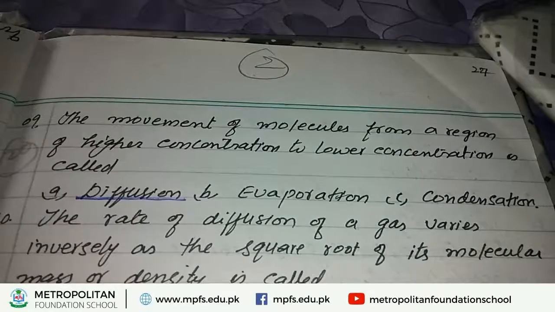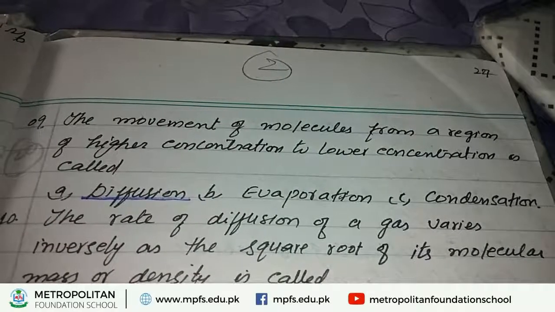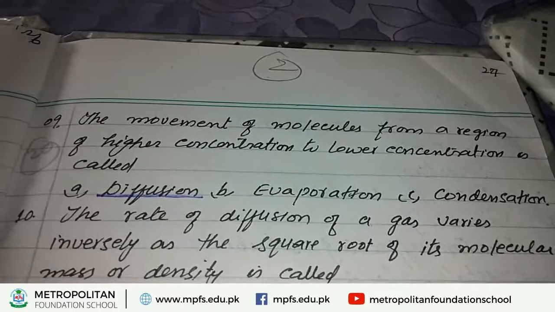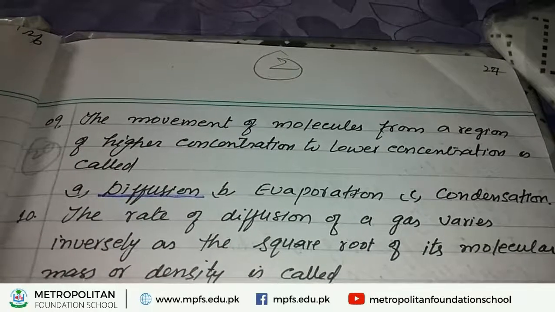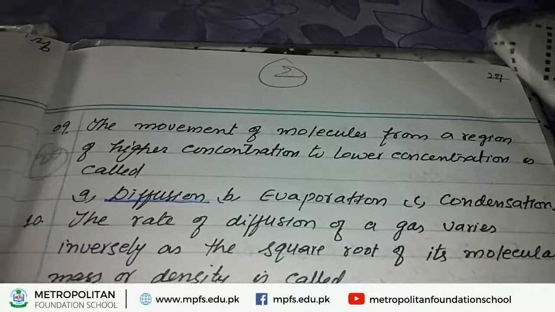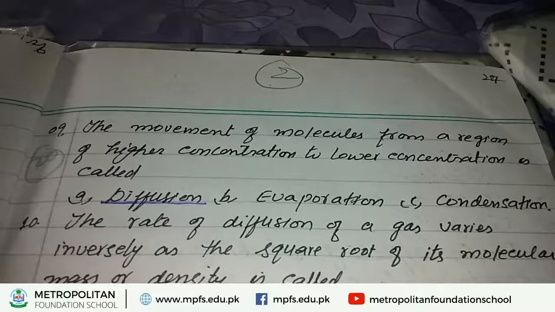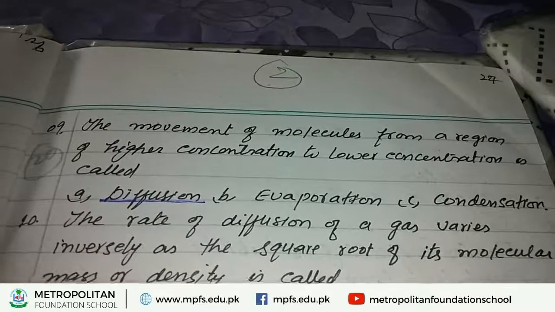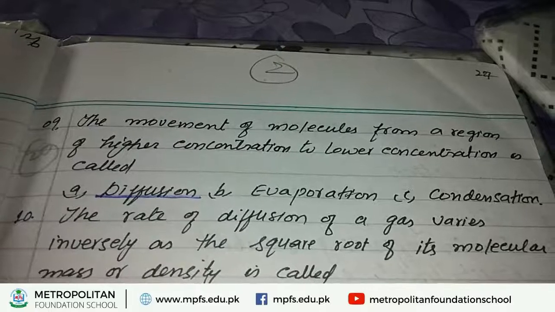So the correct option is option A, that is diffusion. Students, remember, diffusion is a process in which movement of molecules takes place from a region of higher concentration to lower concentration. This process is called diffusion.